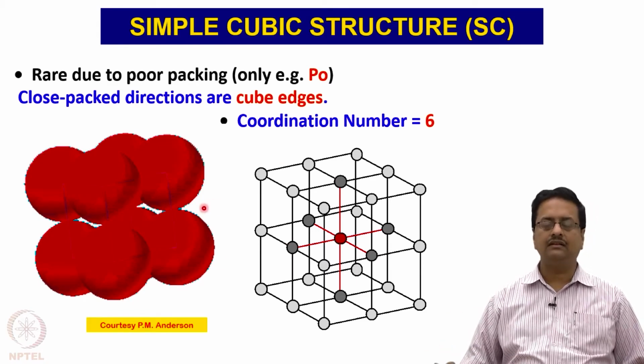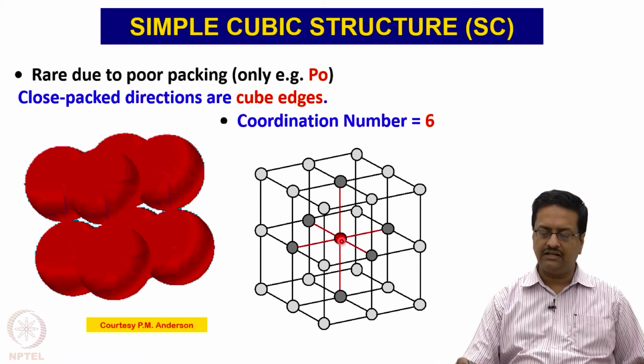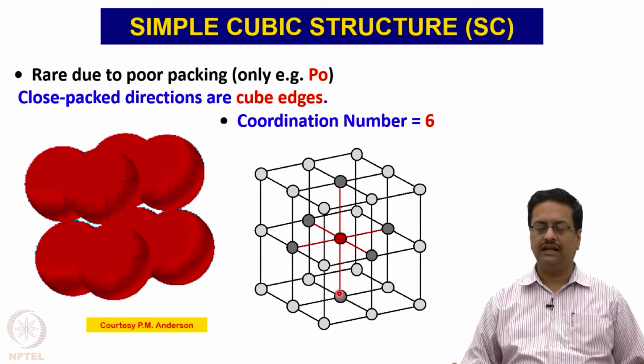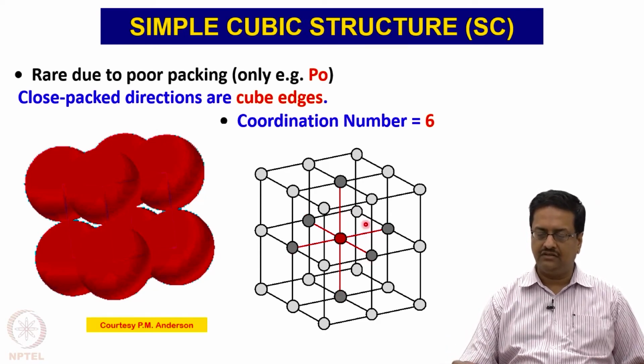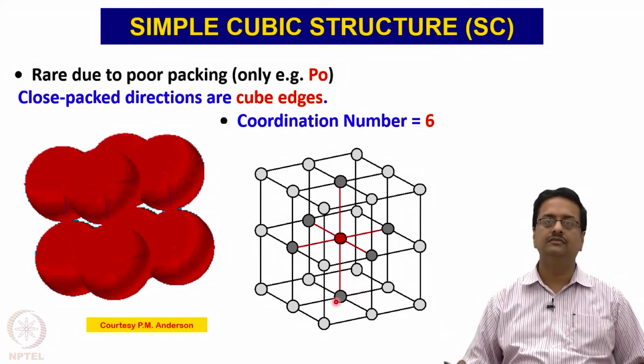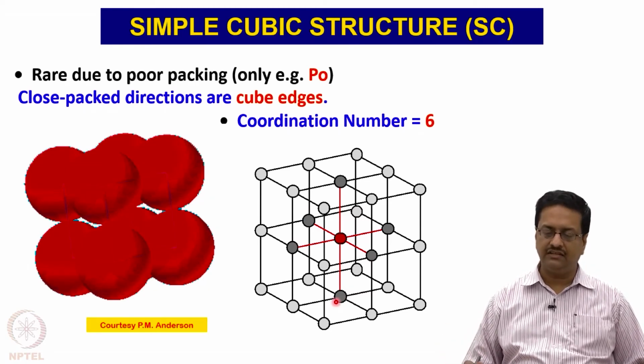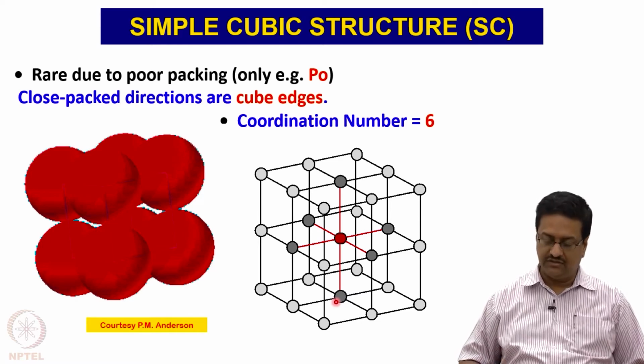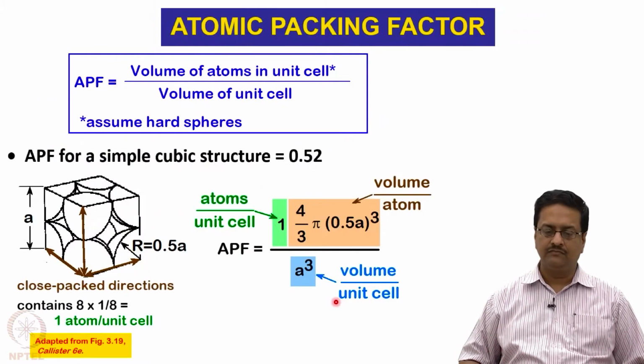If you look at any atom that is marked here as red, that particular atom has 6 nearest neighbors from 6 different unit cells. So the left, right, back, front, top and bottom corresponds to a coordination number of 6 for every corner atom of this simple cubic structure. Remember, you have only corner atoms in case of simple cubic structures.